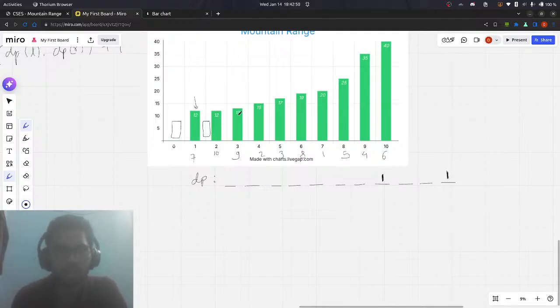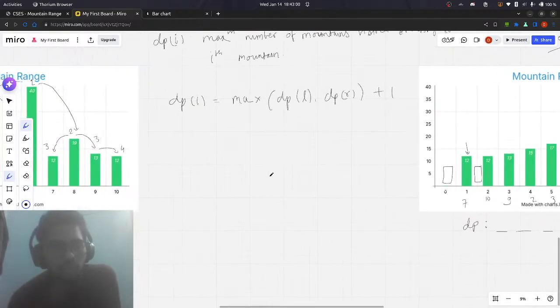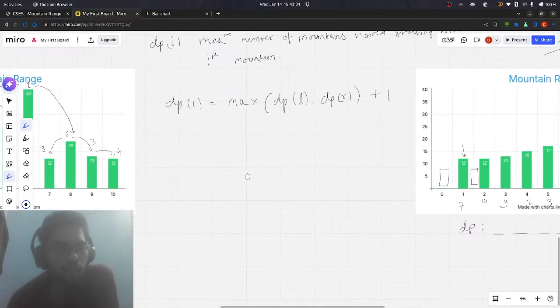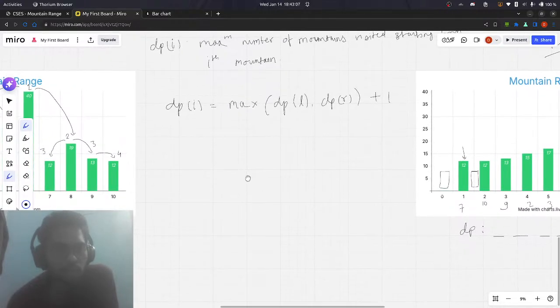Now when we are at 3, at this point in time, we will have some values in the set. Okay, and what values?